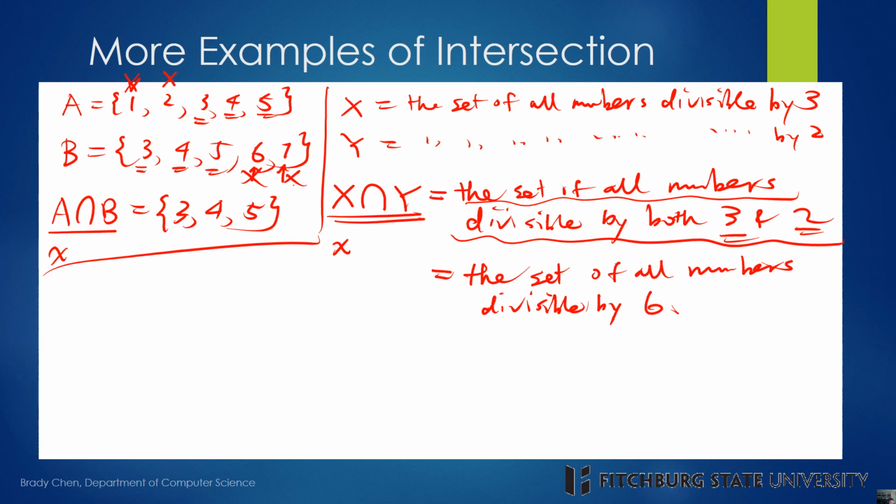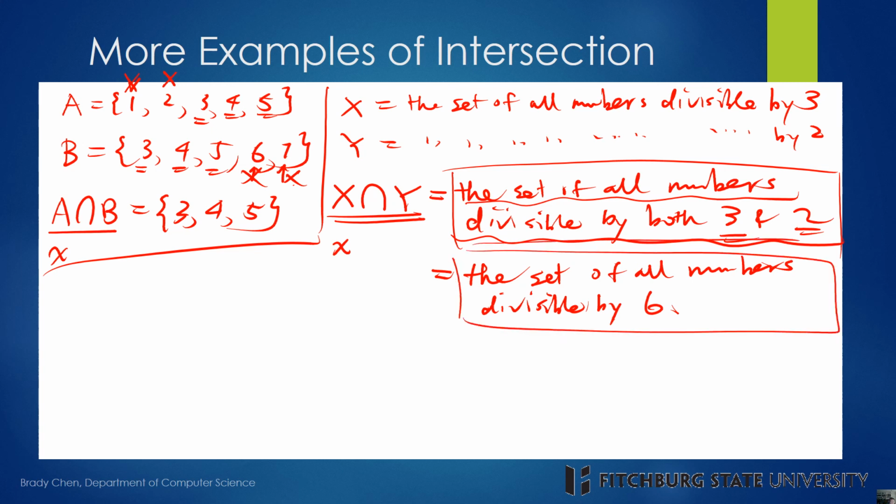It's actually a simplified version, but anyway, it doesn't make any difference. You can express the X intersection Y with either statement. So those are examples of intersection. Let's take a look at another one.